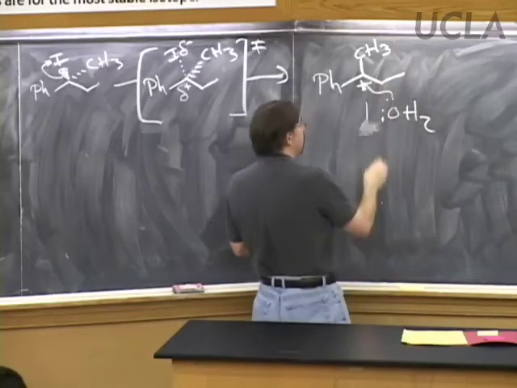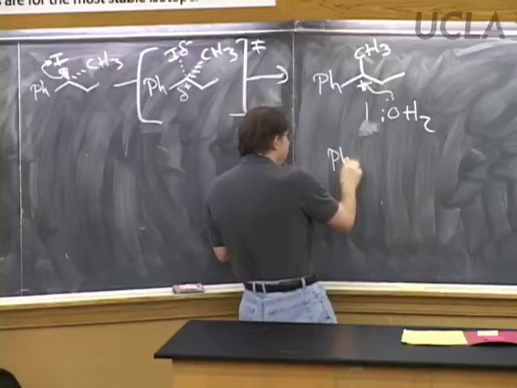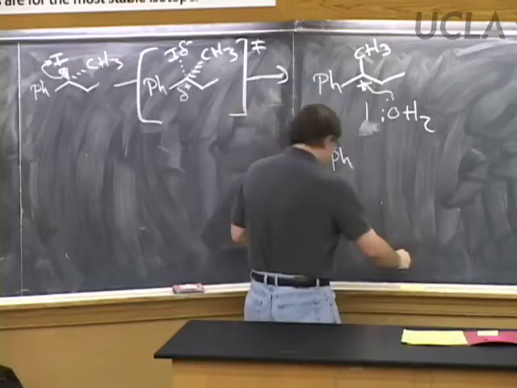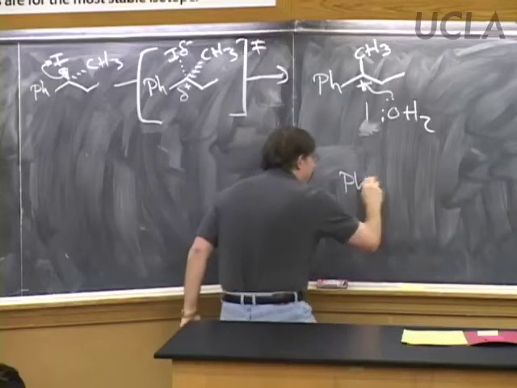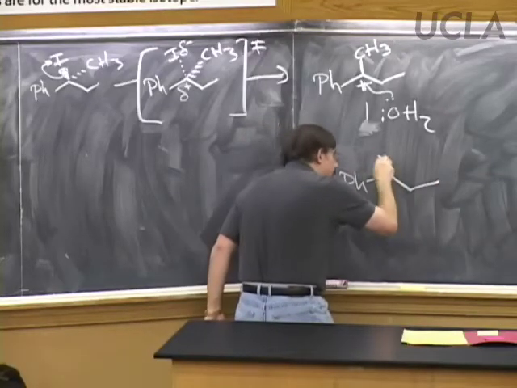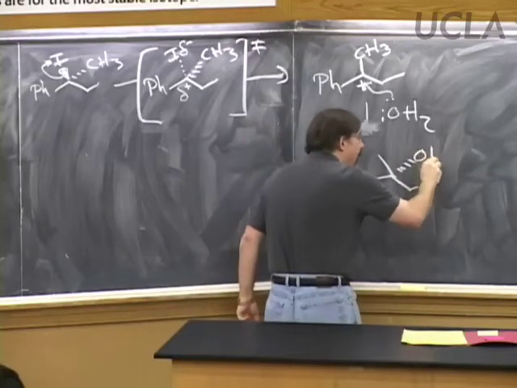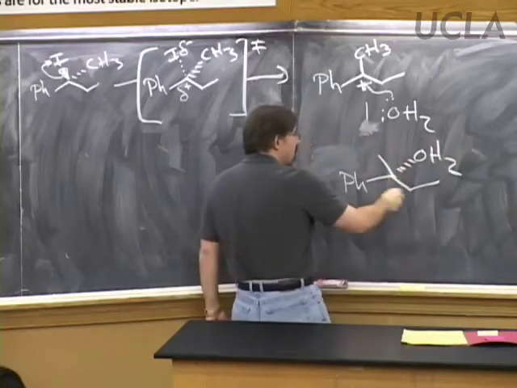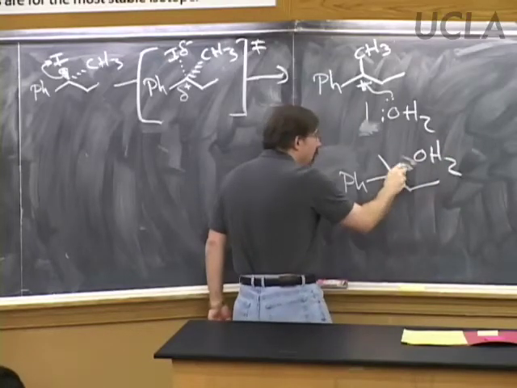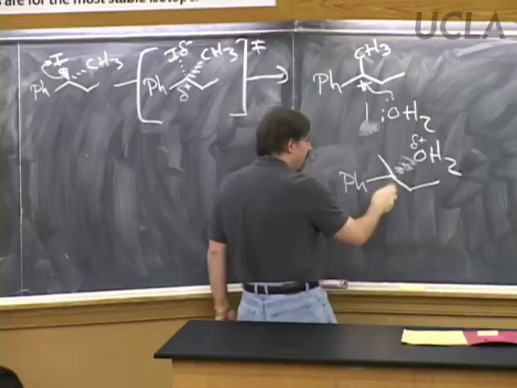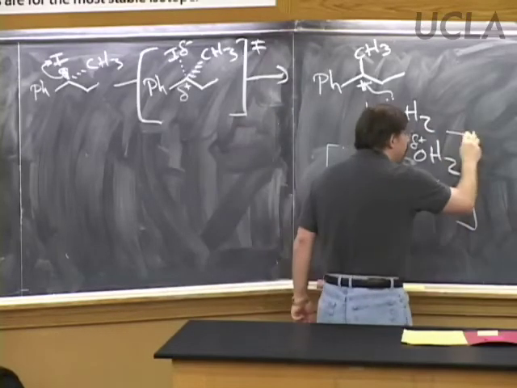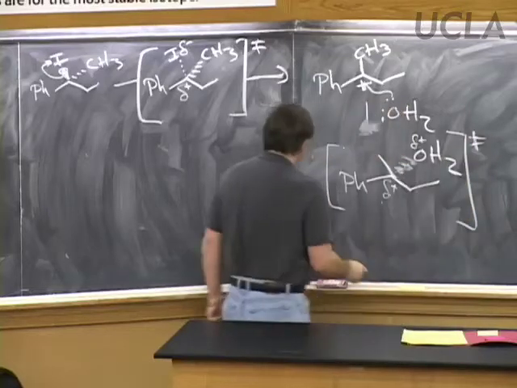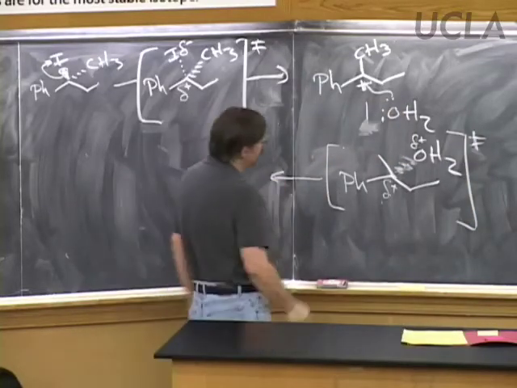Capture a nucleophile. Here is our transition state. Let me draw that down a little bit further. So there's our water coming in, delta plus there, delta plus on that carbon. Product of that we're going to draw in a second.